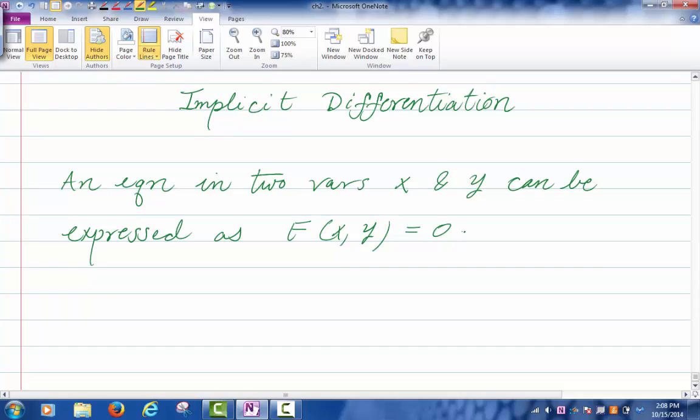In other words, whatever equation you have in x and y, you can put all the terms on the left-hand side and make the right-hand side 0, right? So what is f of x, y? That's just some expression involving x and y.